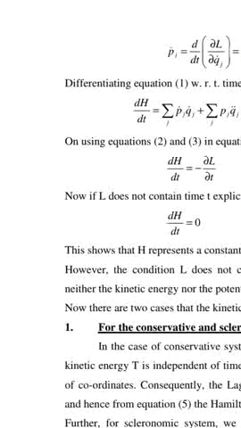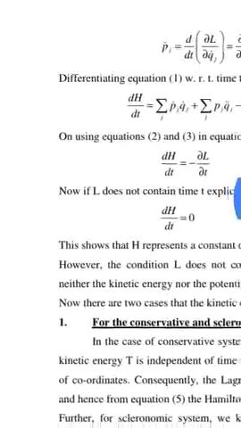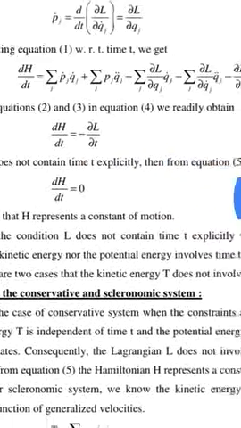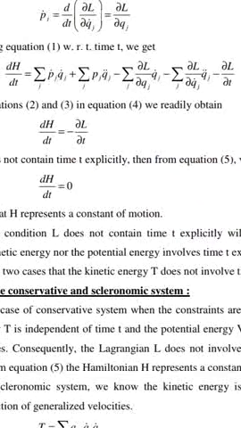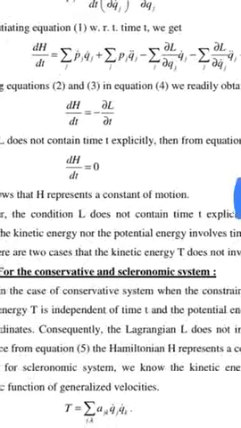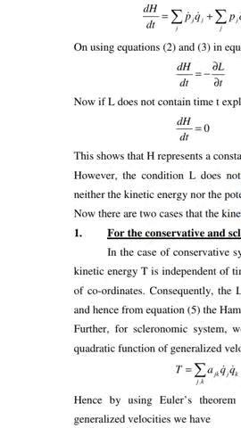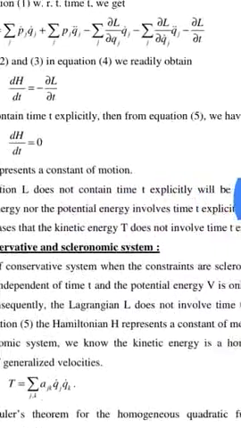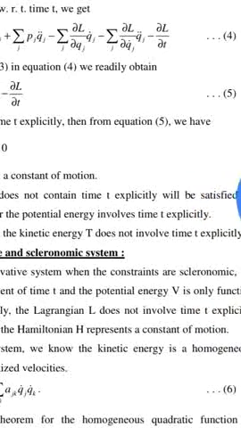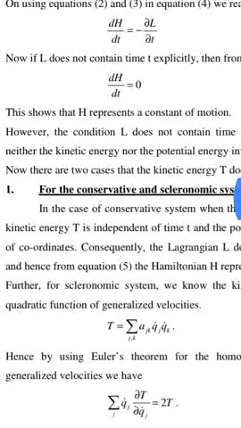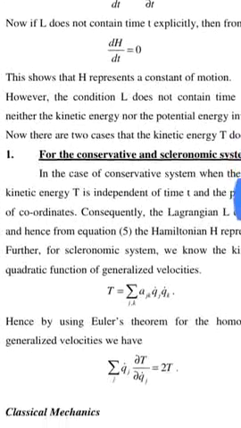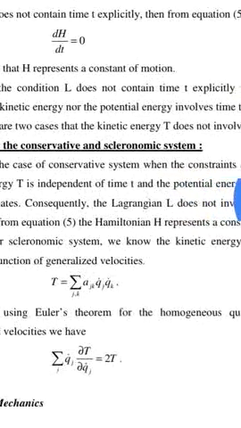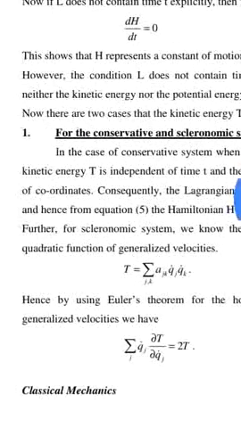On using equations 2 and 3 in equation 4, we readily obtain dH by dt is equal to minus dou L by dou t. Now, if L does not contain time t explicitly, then from equation 5 we have dH by dt is equal to 0. This shows that H represents a constant of motion.